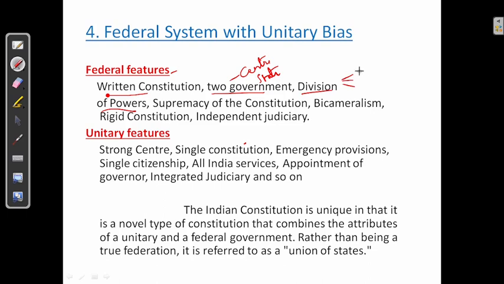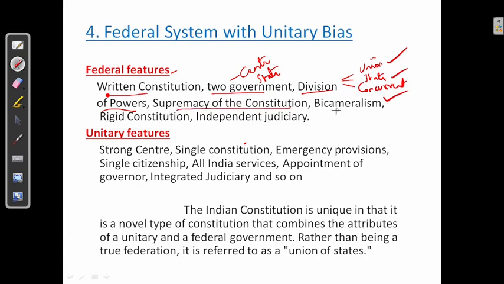In the 7th Schedule we have the union list, state list and concurrent list. The center can make laws under the union list, states can make laws under the state list, and both center and state can make laws under the concurrent list.